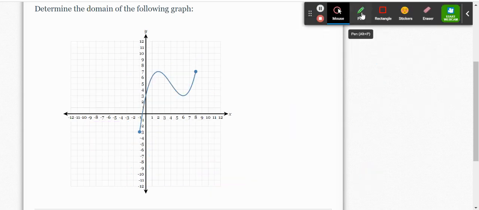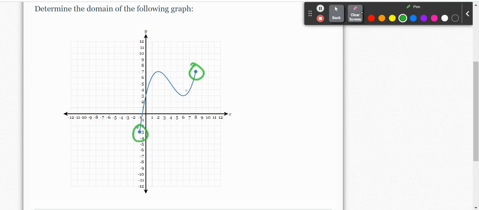So in this domain question, we have nice solid dots to look at. And so we're just going to focus on the domain here. I'm not going to do the range for this problem. I'll do ranges in a moment. This is just how far left it goes. Nice solid dot there at -1, and then a nice solid dot here at 8.